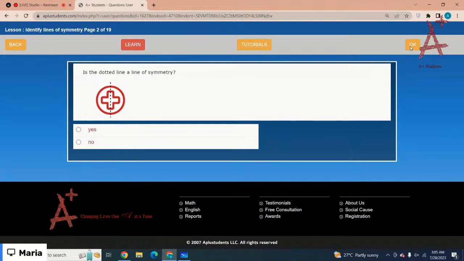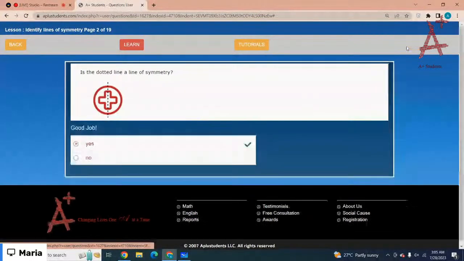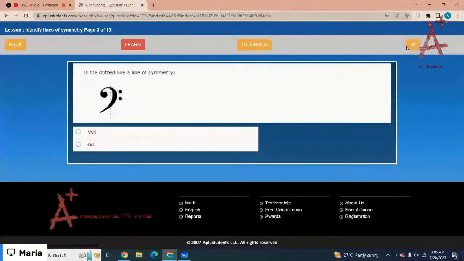Yes, it is. If you fold the image along the dotted line, the two parts match up. So the correct option is yes, it is a line of symmetry. Next: is the dotted line a line of symmetry? The correct option is no.